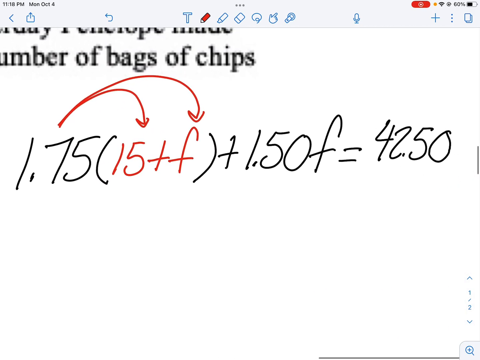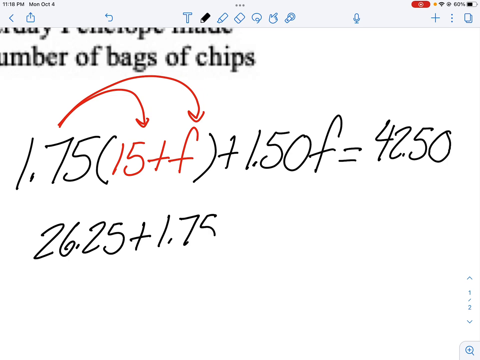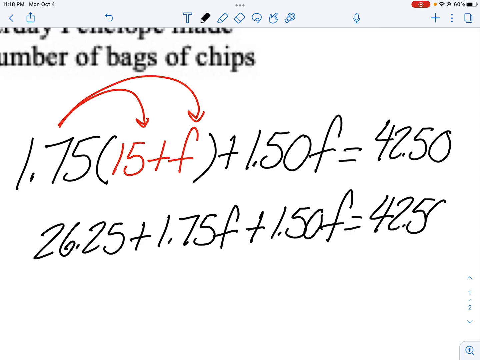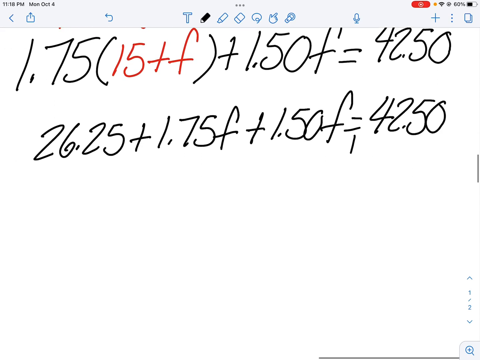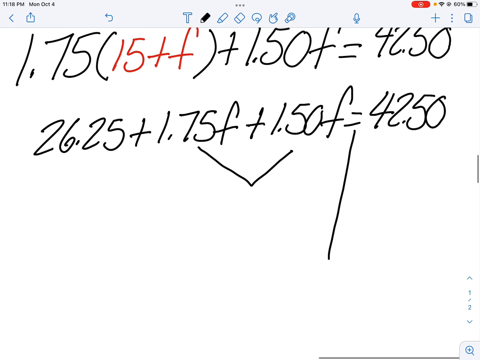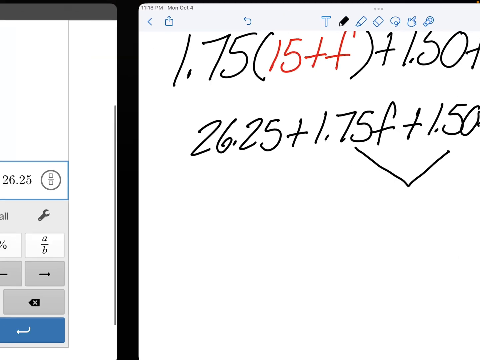So we get 26.25 plus 1.75 times F is 1.75 F plus 1.50 F is equal to 42.50. So our like terms are these two F's here. 1.75 plus 1.50 is 3.25.